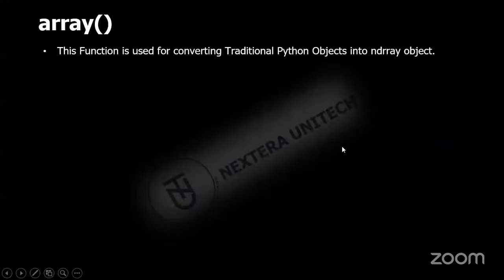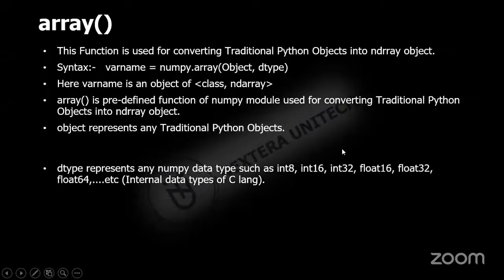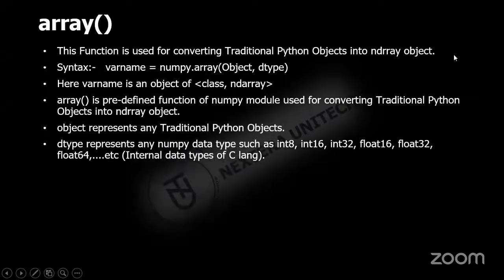Let me start with the array function. What is the purpose of this array function in NumPy? The purpose of the array function is that it helps us to convert traditional Python objects into an n-dimensional array object.